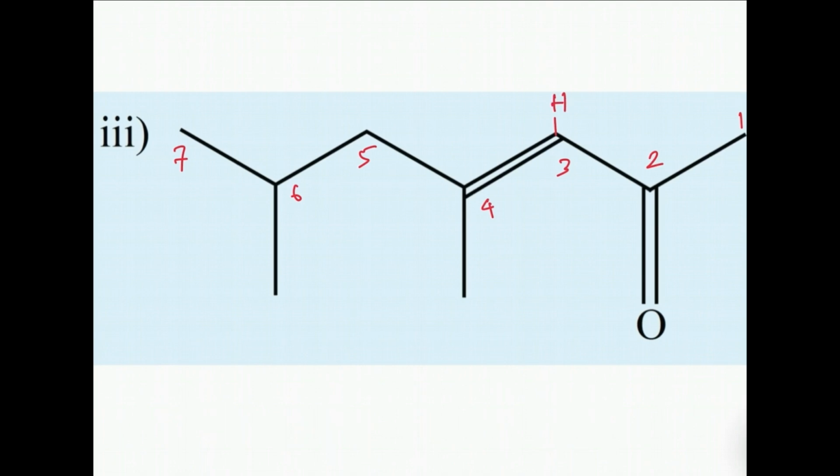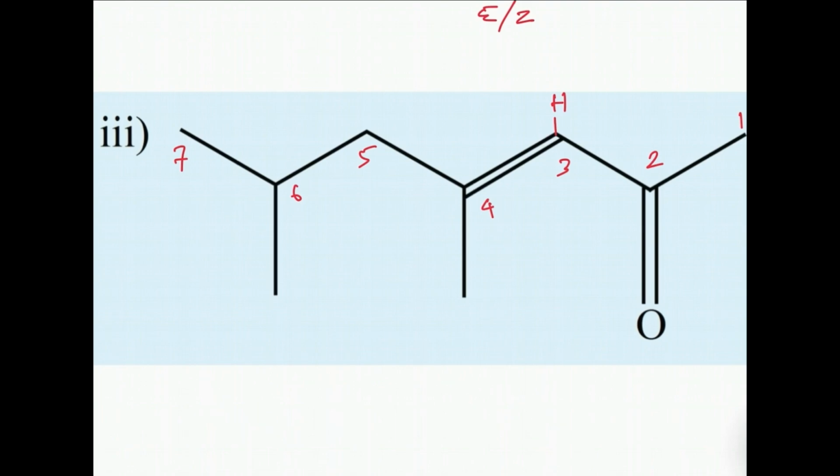Here we have a hydrogen, because we don't show the hydrogen atom in the bond line notation. So therefore we have to follow the EZ naming convention here, because we have 4 different groups attached to it. We cannot follow the cis trans naming convention.